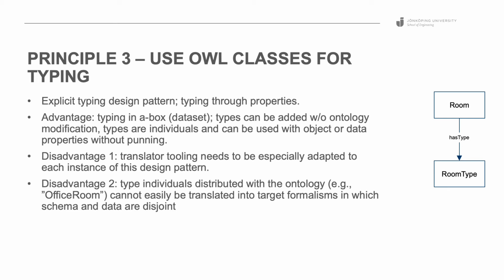And also, if you do have a set of pre-populated types, such as office room here, and you want to translate this into, say, source code, it's not immediately obvious how you would translate that data into a representation that works for your output, right? So, you can't translate it into objects, right? You'd have to translate it into some other representation. Could work, but could also be tricky. So this design pattern is probably not good for these types of use cases where translation is involved.